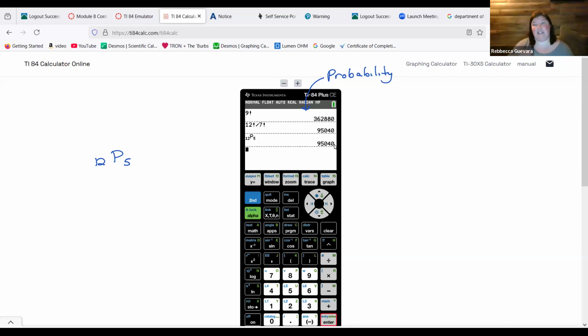And you see I'm getting that same number again, 95,040. If you have a TI-84, I'm trying to remember what it's called, there's a certain TI-84 that does this a little differently, acting like a TI-83 Silver Edition. You might actually have to put the 12, then a comma, then 5. That's another way we can calculate these probabilities so that we don't have to keep doing this by hand.